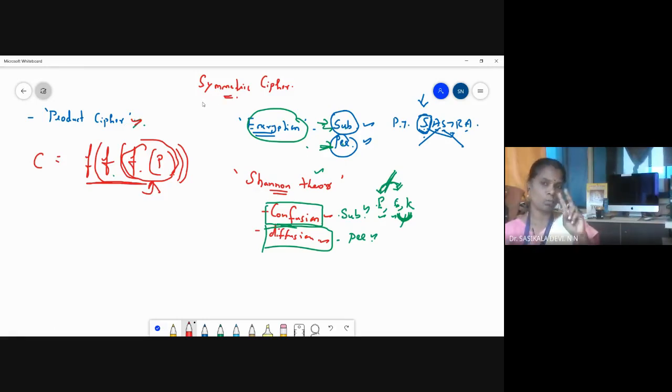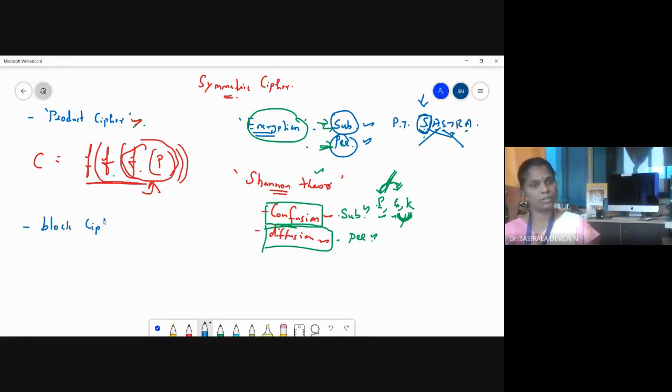All the asymmetric ciphers are based on a single round of operation, but symmetric ciphers are based on the same operation being repeated several times. So that is known as product cipher. And another basic terminology: most of the symmetric ciphers are block ciphers.